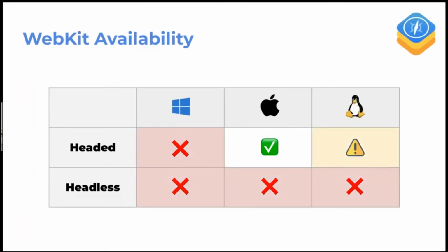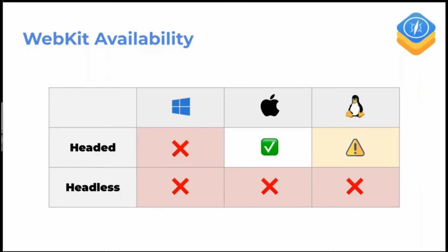Now, if you look here, for example, and you have a Windows machine, you can see that there is no way you can check or test your website on WebKit on Windows. Your best option would be to go and find some Mac somewhere or some iPhone. If you're on Linux, or even if you're on Mac, and yes, you have Safari there, there is no way you can run your tests in a headless manner.